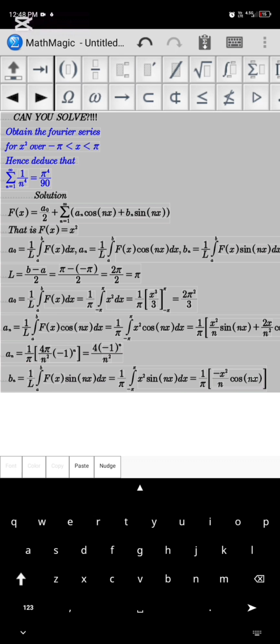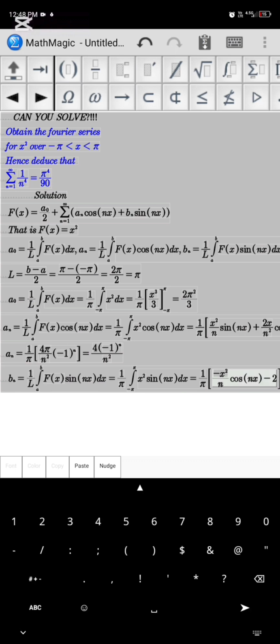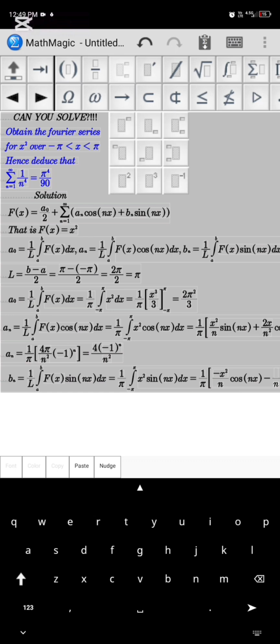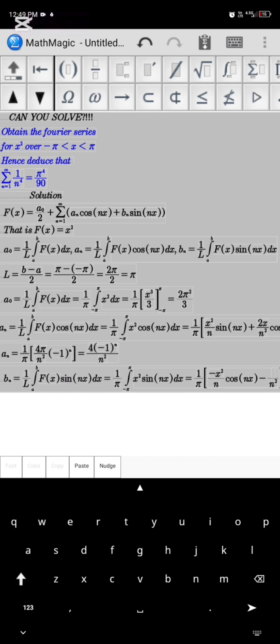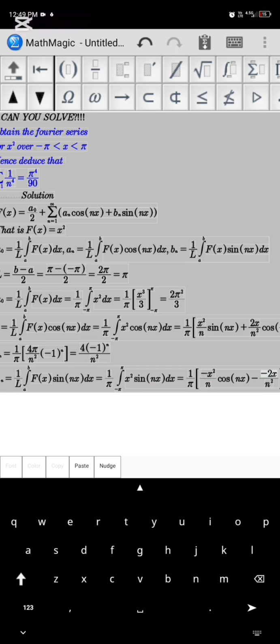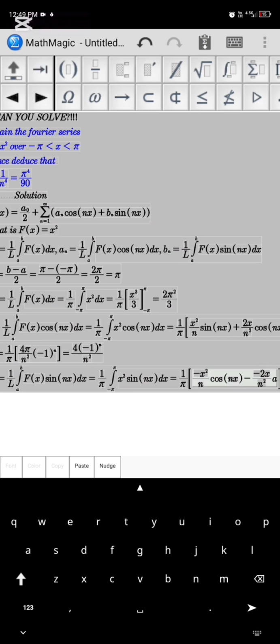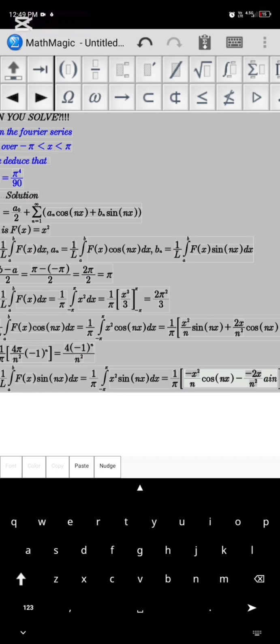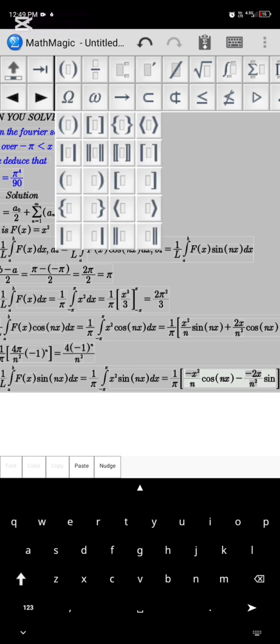Okay, then minus 2x over n squared, multiplied by sine nx.